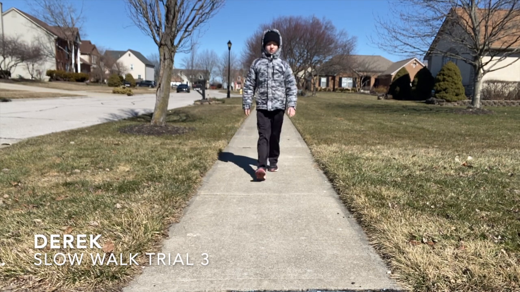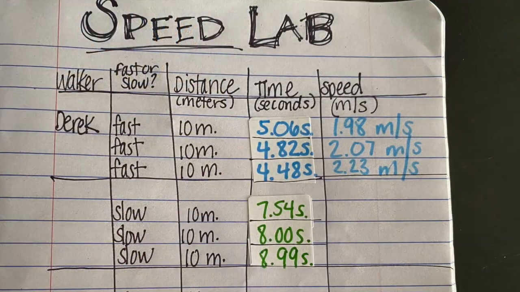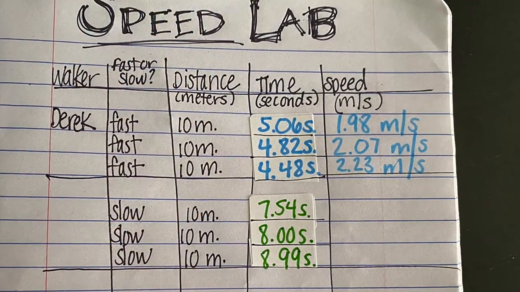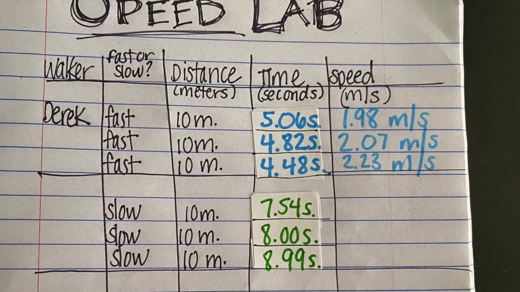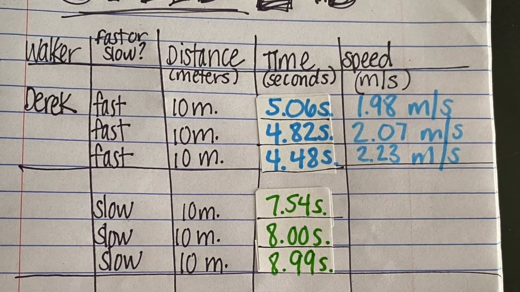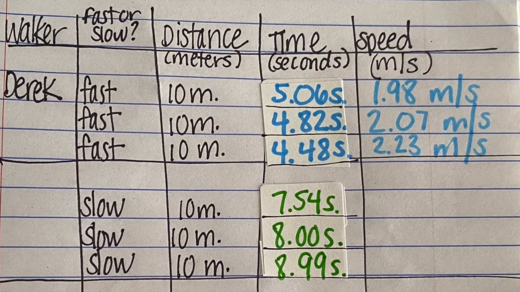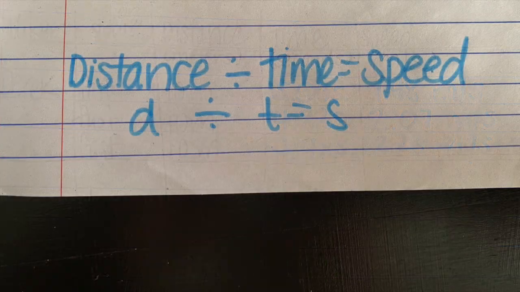So now I have 3 new times for Derek when he walked at a slow pace, that 10 meters. And I have those 3 times, and I am going to determine the speed now. And remember, to do that, I'm going to take my distance and divide it by the time.